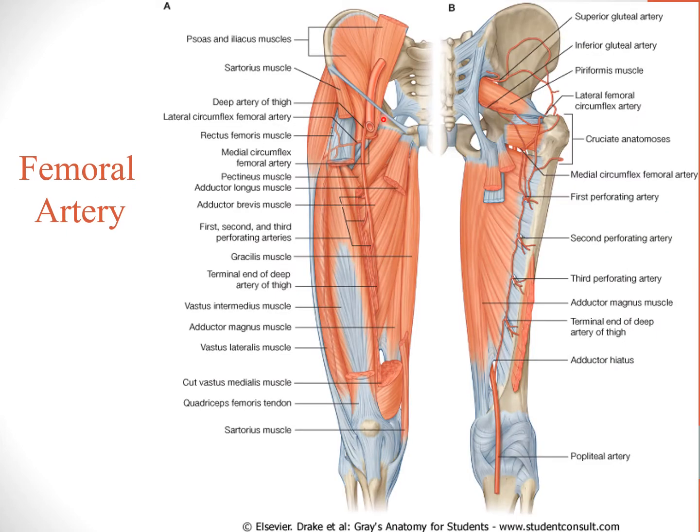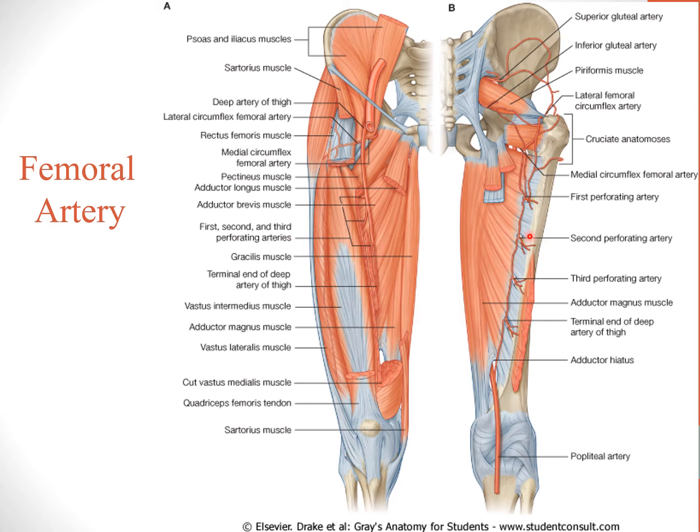Here you can also compare the superficial part and the deeper part. This is the superficial part, the femoral artery, and as the deep artery originates from here, it runs deeply and supplies the deeper muscles through perforating branches, which are the first, second and third perforating branches over here, and then it further descends downward.